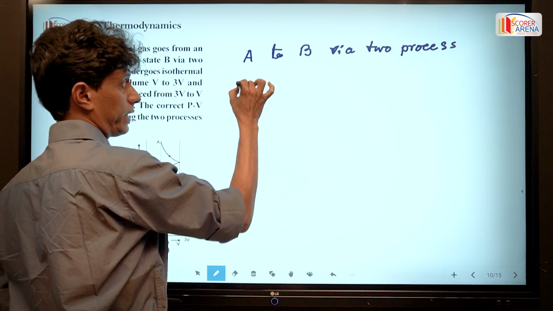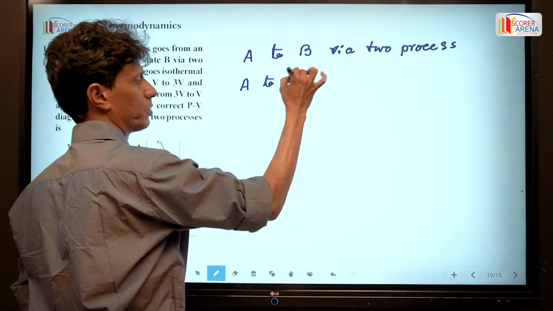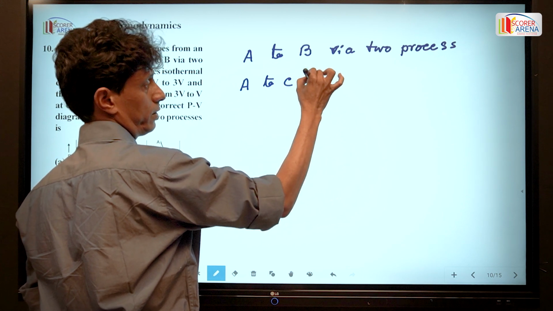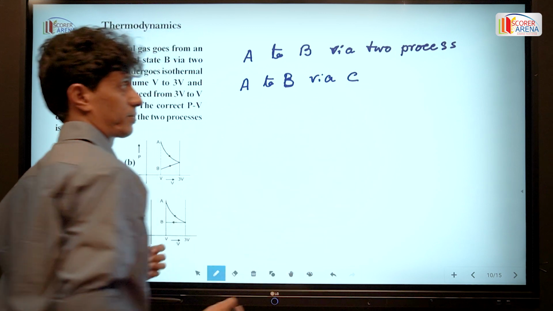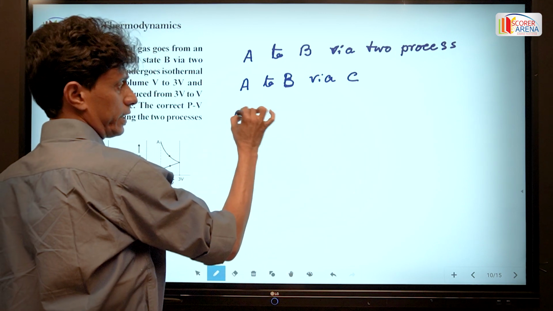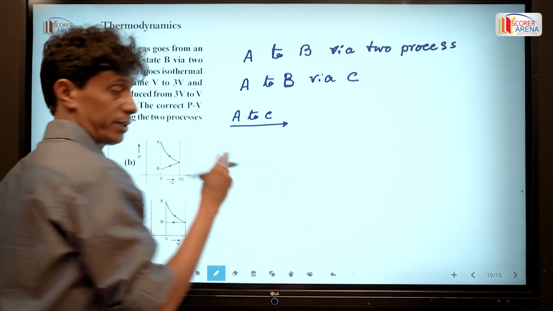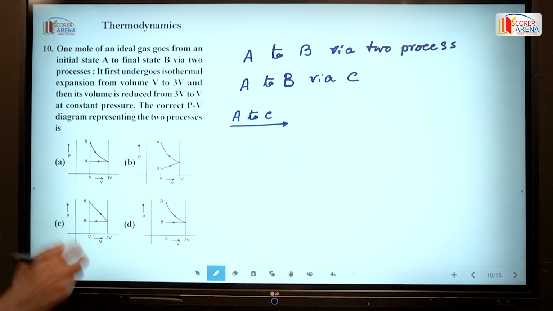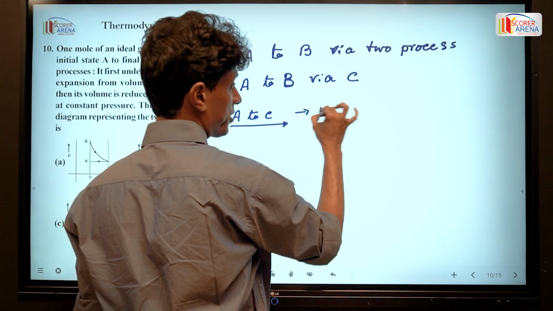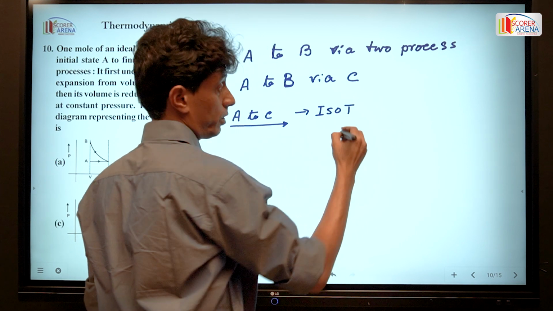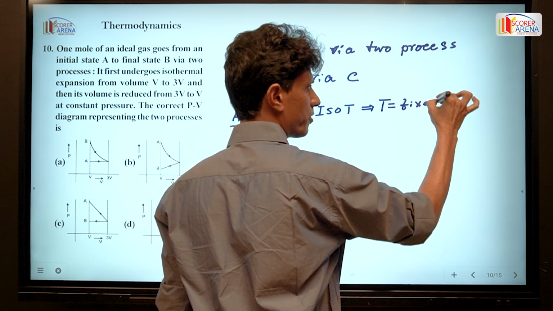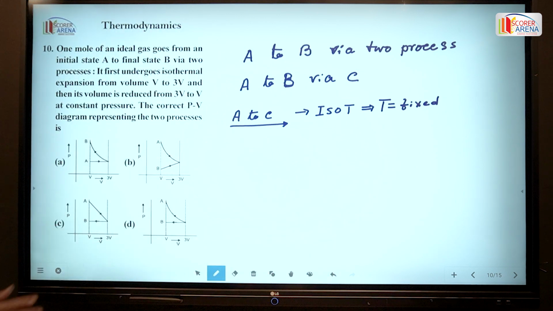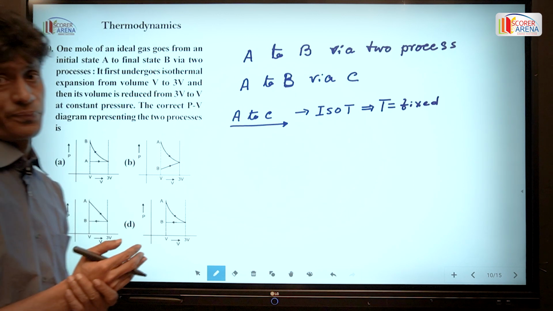Let us say A to B via C. So A to C, this process is isothermal. Isothermal means the temperature of the gas is fixed at a point, and pressure and volume change accordingly.